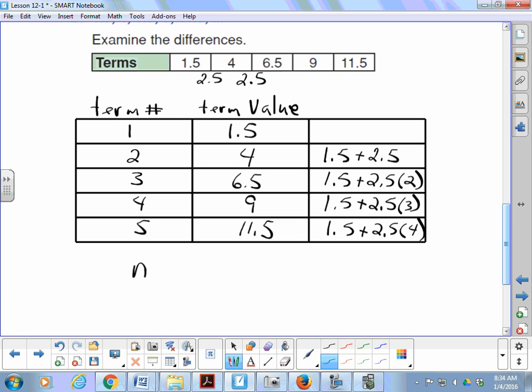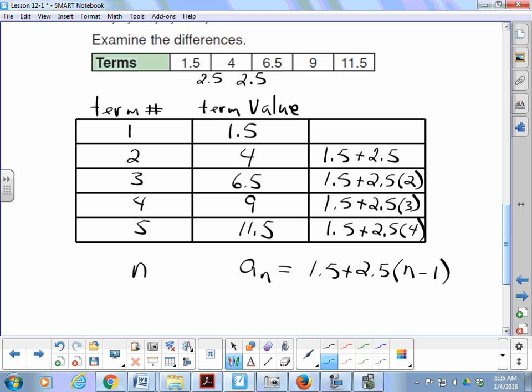So to get the nth term, we would have 1.5 plus 2.5 times n minus 1. So a sub n equals 1.5 plus 2.5 times n minus 1.